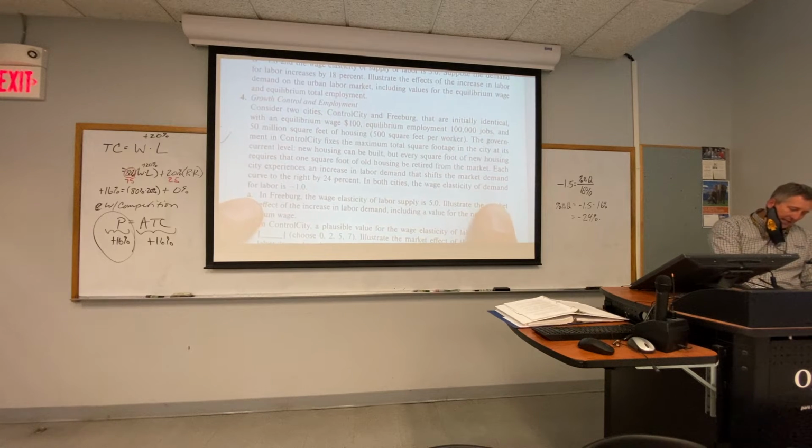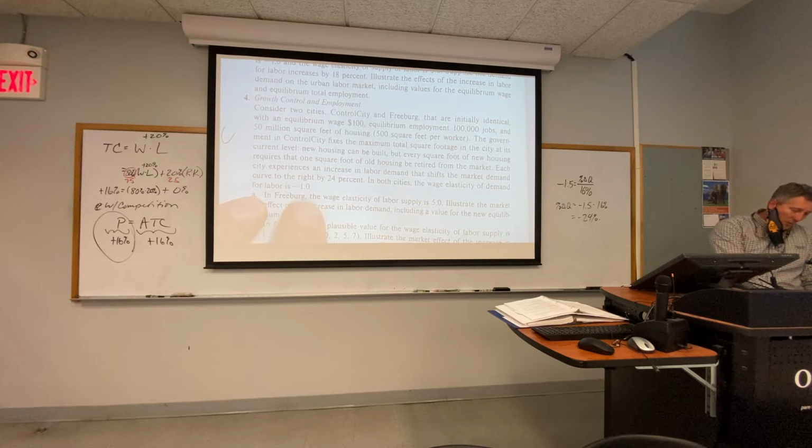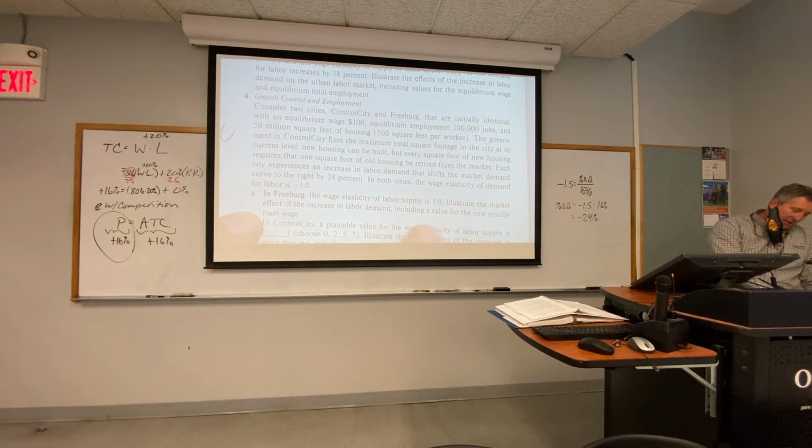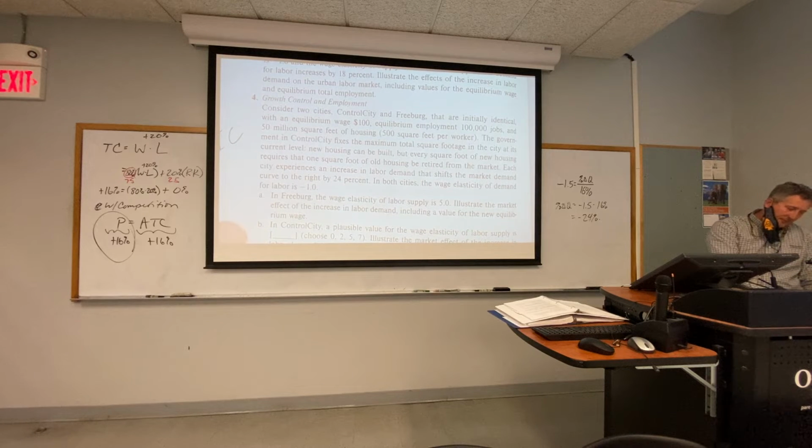In both cities, the wage elasticity of labor demand was unitary at 1. In Freiburg, the wage elasticity of supply is 5. Illustrate the market effect of an increase in labor demand, including the value for the new equilibrium wage.